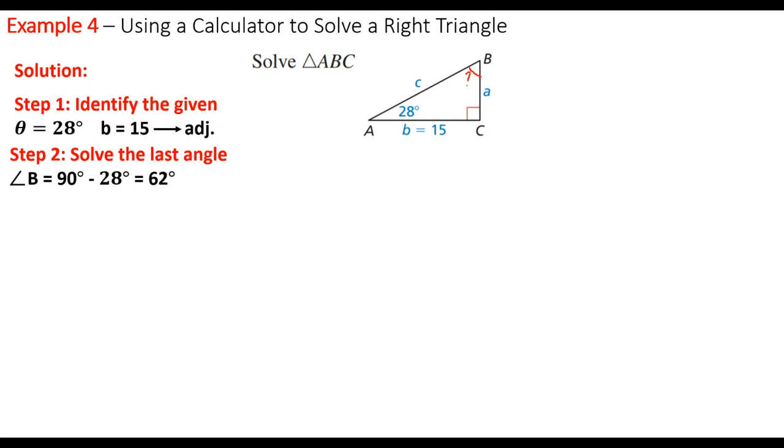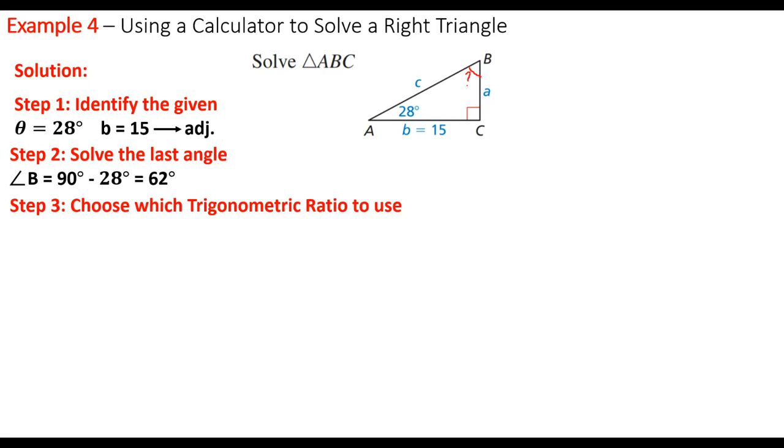Remember, the interior angles of any triangle add up to 180 degrees, and this one is 90 degrees because that is a right angle. So these two angles here are complementary angles. What do you know about complementary angles? They add up to 90 degrees. Since this is 28, we just need to subtract the 28 from 90. So that's 90 minus 28, which is 62 degrees. Angle B is 62 degrees.